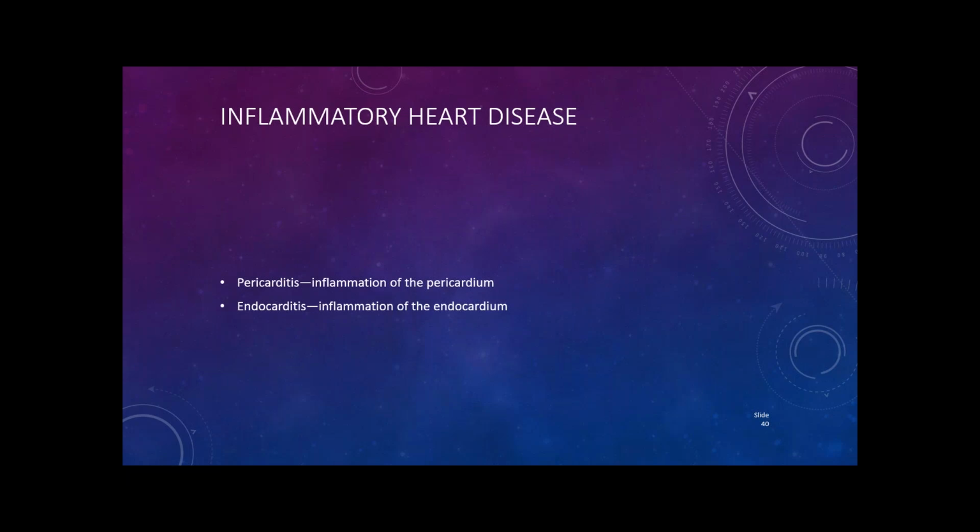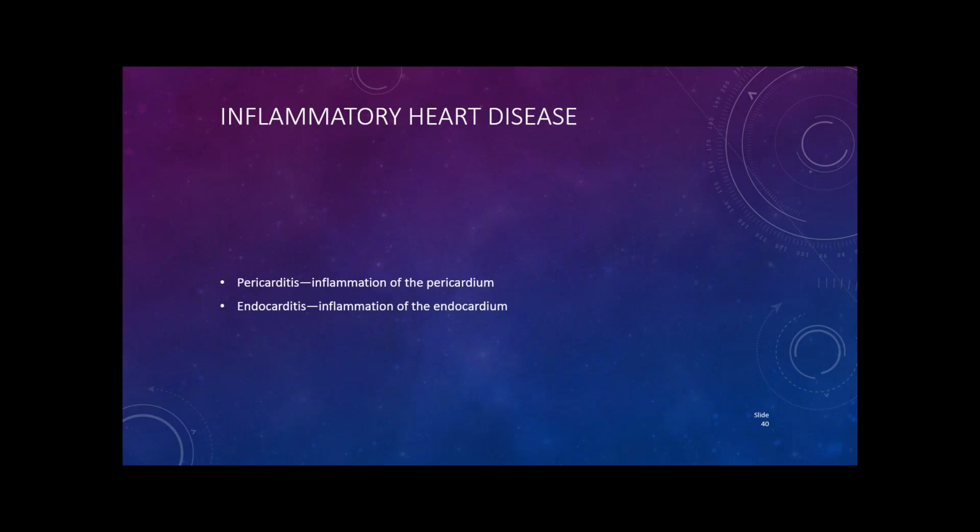There are a couple of inflammatory heart diseases that you need to consider when we are talking about urgent issues. Pericarditis is inflammation of the outer pericardial sac of the heart. Endocarditis is an infection of the interior endocardium, which also includes the valves.